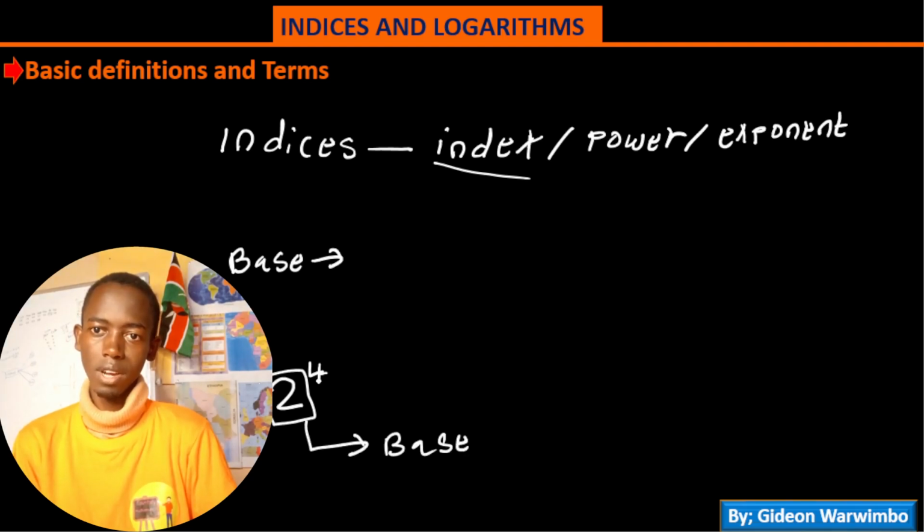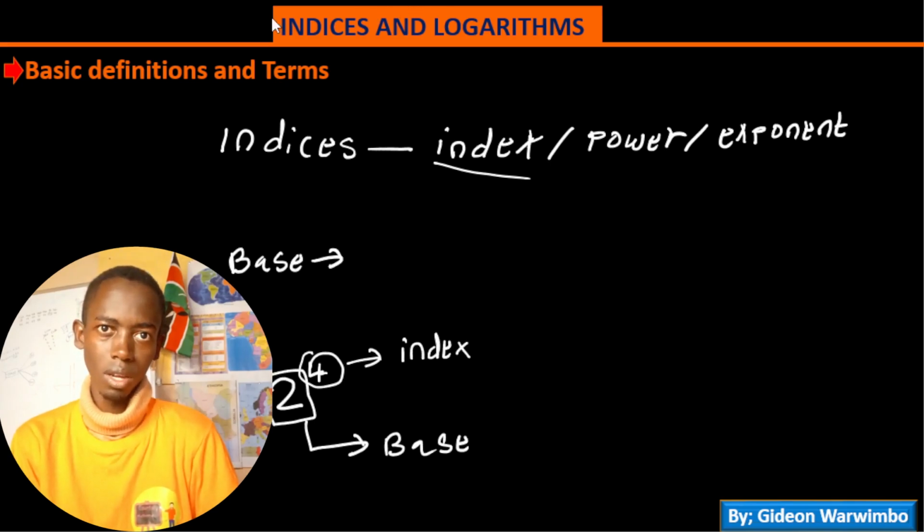And this one right here that I'm circling is what we usually call an index, but you can always call it also an exponent. I want you to first have a deep understanding of these terms before we really move on. Let me highlight that one for you so that you can visualize it very well.